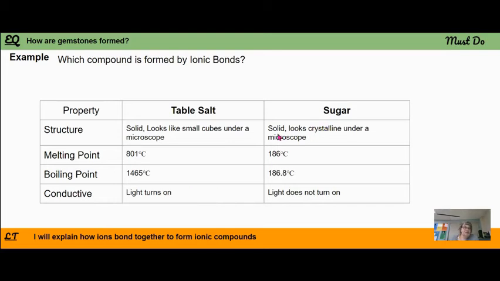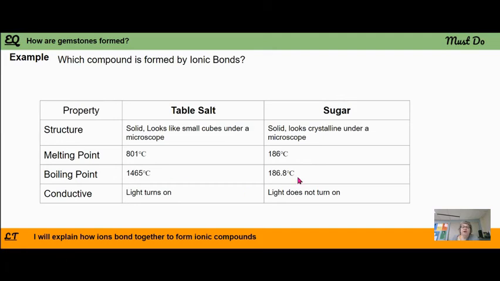Sugar is white. It's solid. It looks crystalline, so if you look at it under a microscope, it does look like there are small cube-looking objects. Its melting point is 186 degrees Celsius, about 86 degrees higher than water.